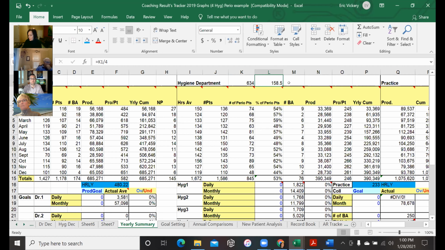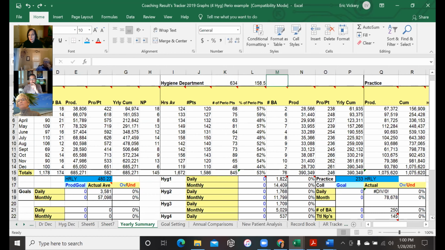All right, so we go to our procedure code report and look up the code for pan, 0330 or whatever it is, and count how many we had. But we also want to add back in the new patients. How many new patients were seen in hygiene on this particular practice?